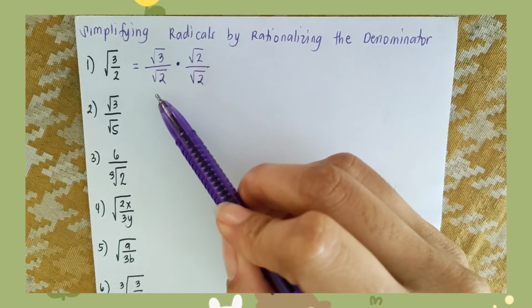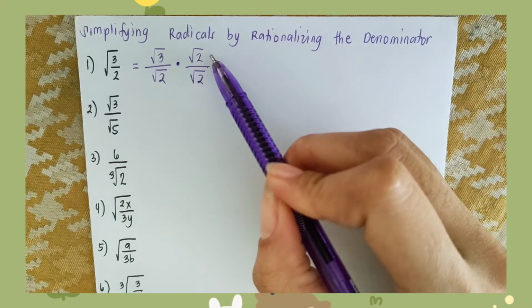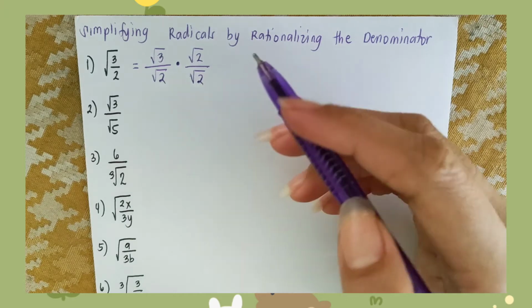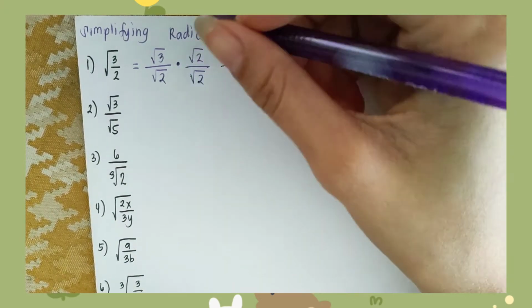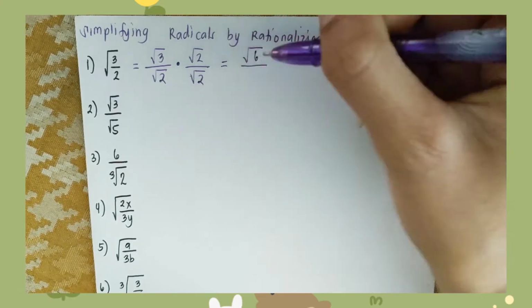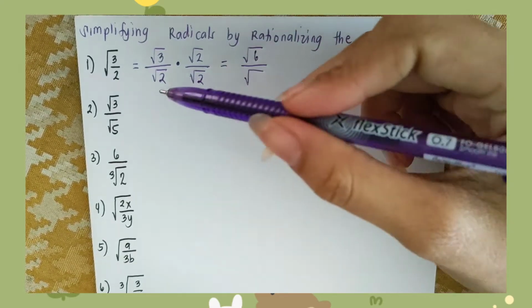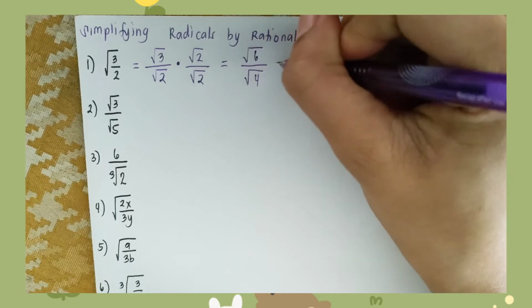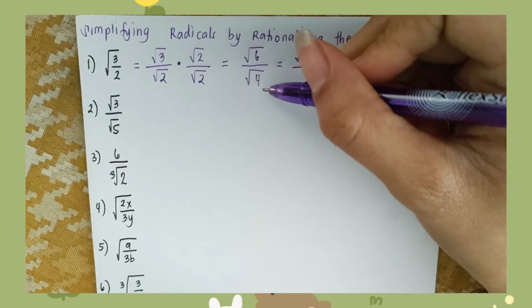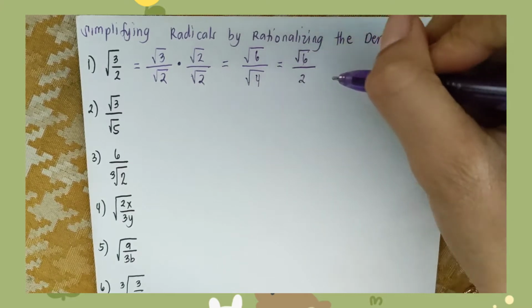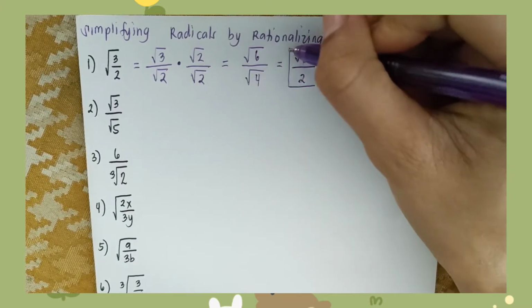The value of the denominator will be multiplied to your numerator and denominator. So square root of 3 times 2 is 6. And then square root of 2 times 2 is 4. So square root of 6 all over square root of 4 is 2. This is now our answer for number 1.